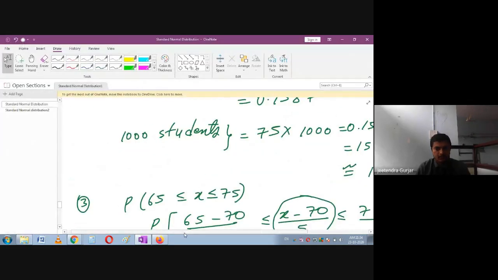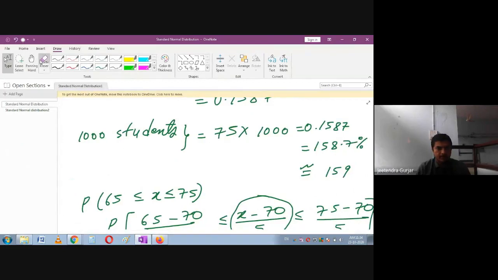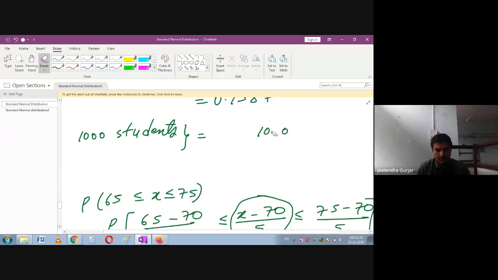I have just gone to the next answer only. See, here also you are going to go for 1000, students. So this is for 75 marks you have calculated, right? So you have to calculate for 1000, students. For one student we have got the probability.